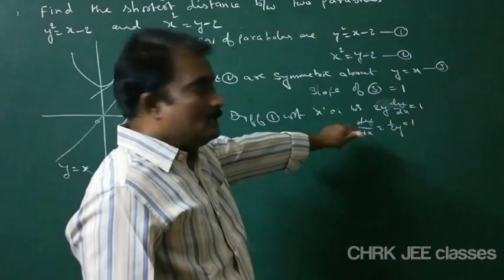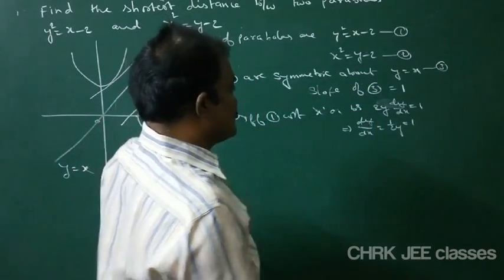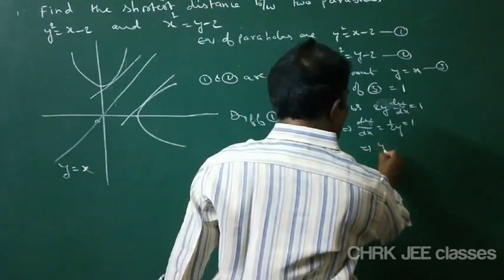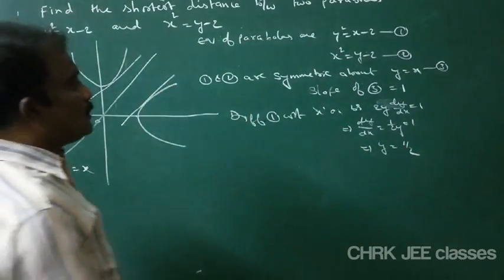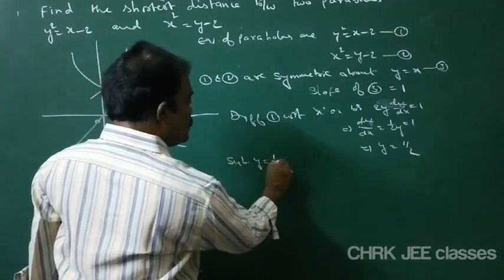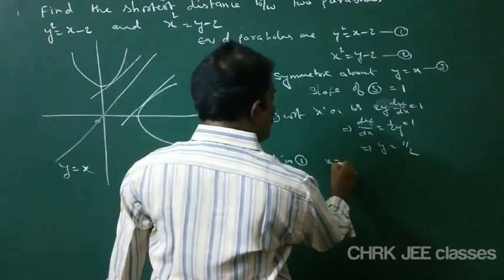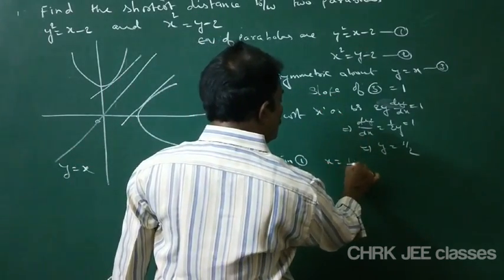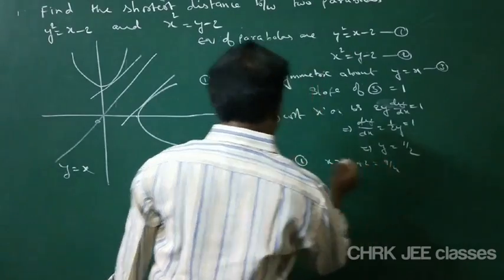Why? Because this tangent is parallel to y equal to x. From this, y equal to 1 by 2. By substituting y equal to 1 by 2 in 1, we get x equal to 1 by 4 plus 2, that is equal to 9 by 4.